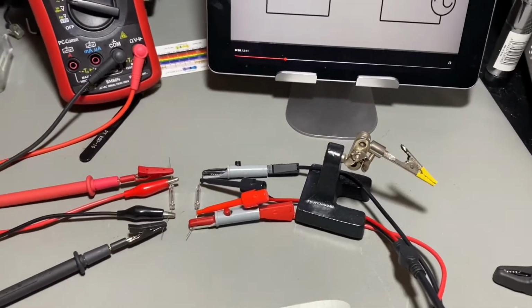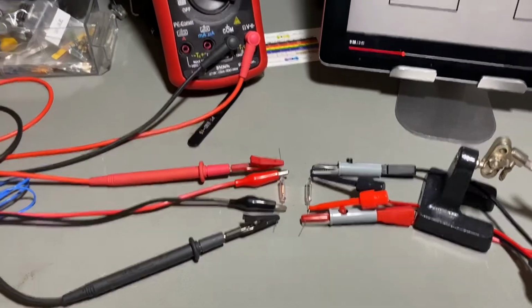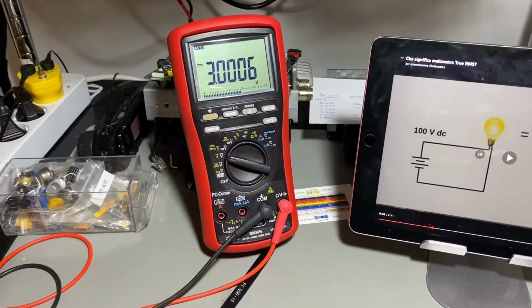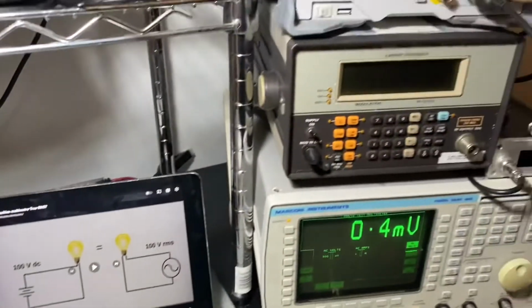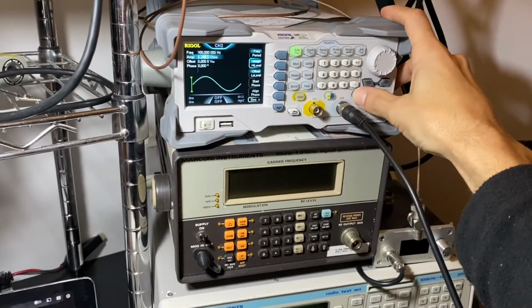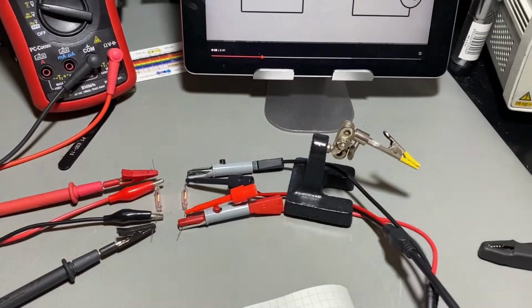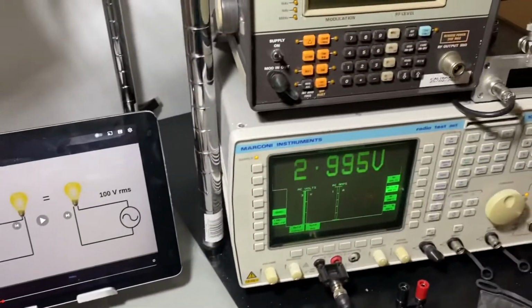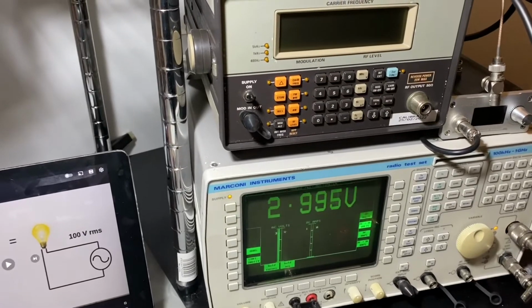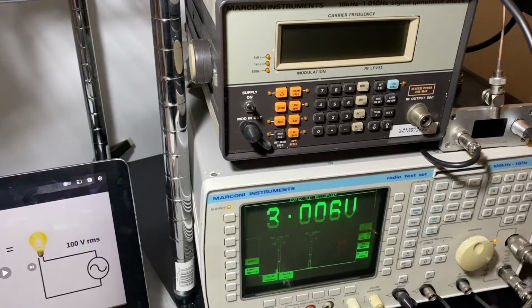So let's switch on the DC circuit. That's on, and I'm measuring 3 volts. And let's switch on also the AC circuit. That is on. As you can see, the bulb, and I'm measuring almost 3 volts, about 3 volts.